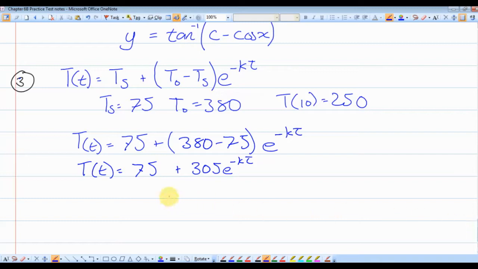Let's go ahead and use our second temperature: T of 10 is equal to 250, and that's equal to 75 plus 305 e to the negative 10k.